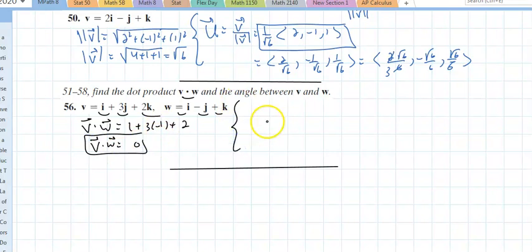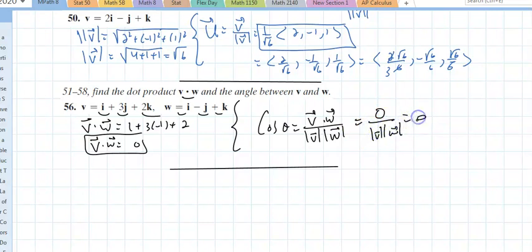And if you recall, the cosine of theta is v dot w divided by magnitude of v times magnitude of w. Since those are non-zeros and I'm getting a 0 right there, then automatically that's going to equal 0. And if you remember, the angle is still with the same constraints.